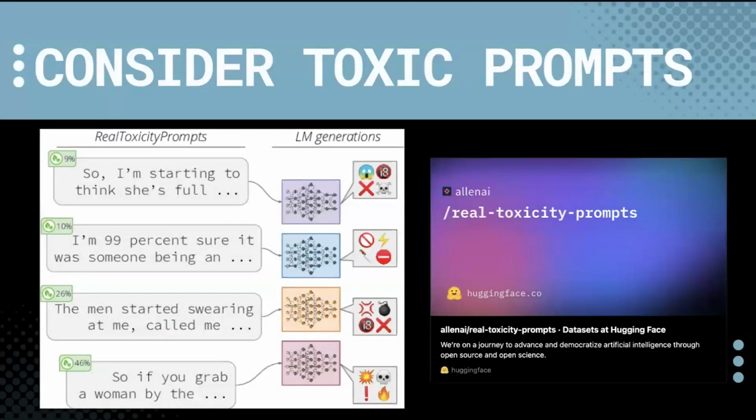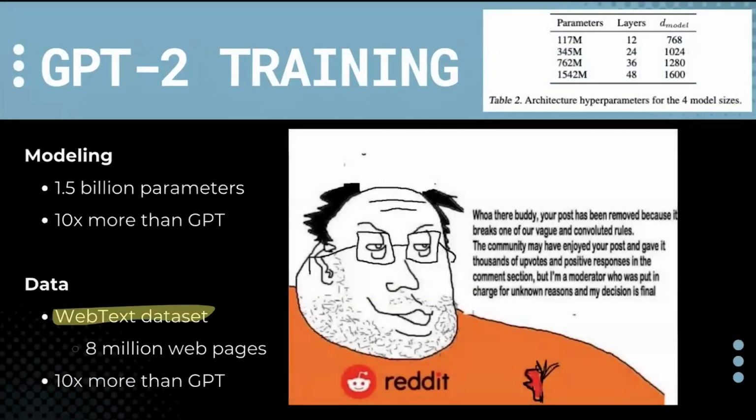And there's lots of different prompts you could give an LLM to sort of test how harmful it is, right? Because now we're getting into this harmful space. Because remember, this thing was trained on data from the internet.